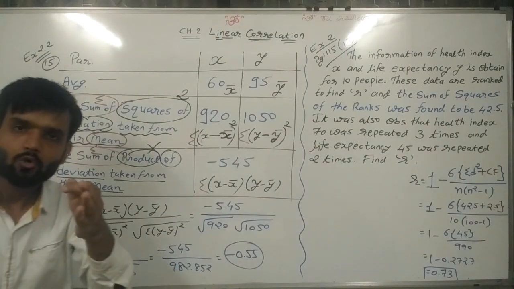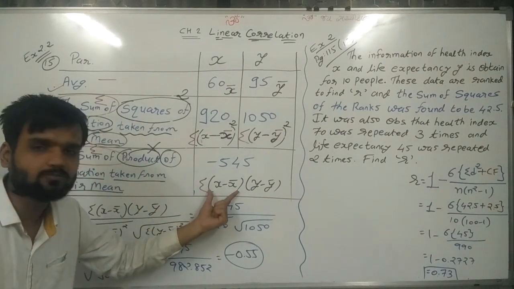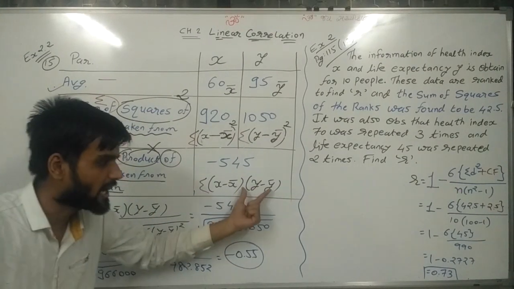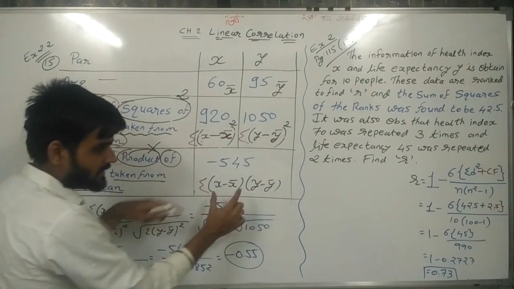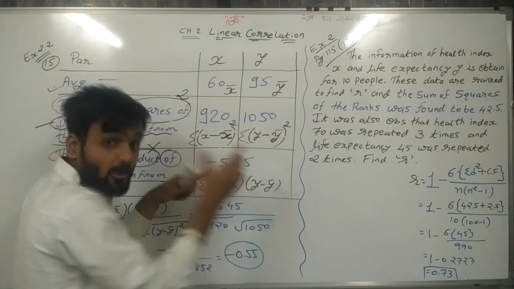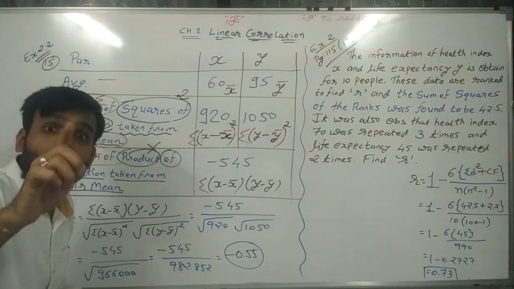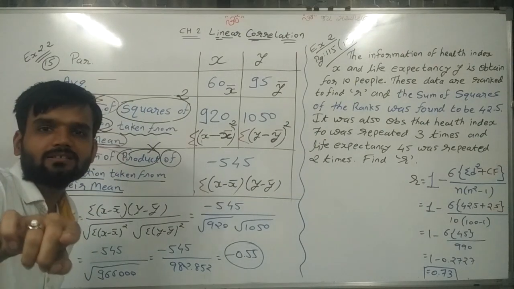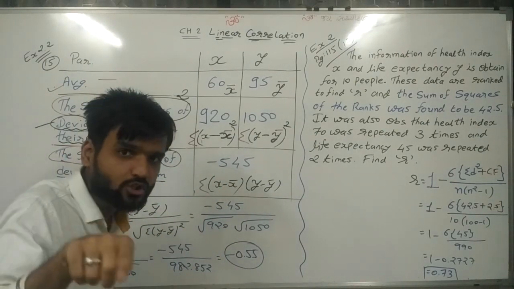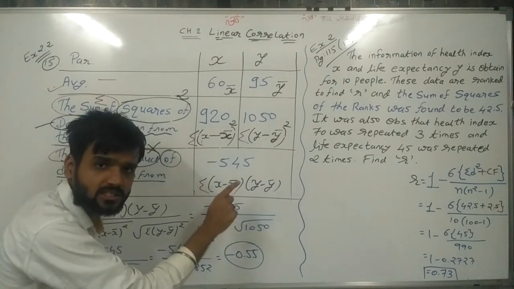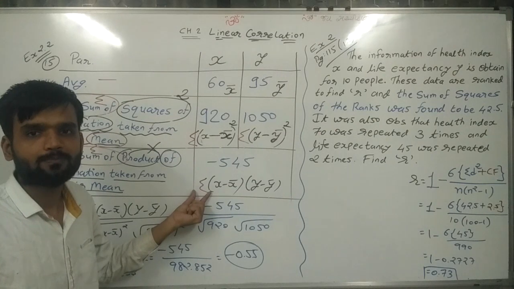So what we are given here is sigma x minus x bar, y minus y bar. Deviation taken from their mean means x minus x bar, y minus y bar, the product of that. Square of that is not there. Product of that, so x minus x bar into y minus y bar, and their sigma.